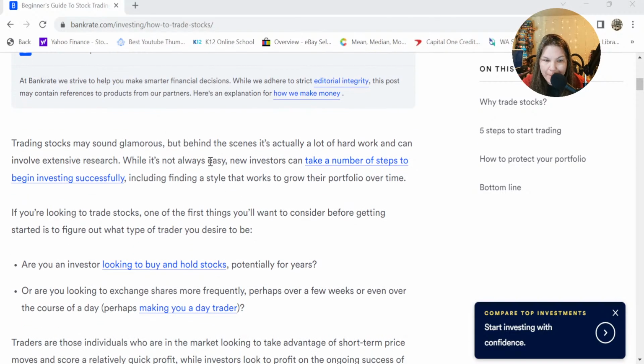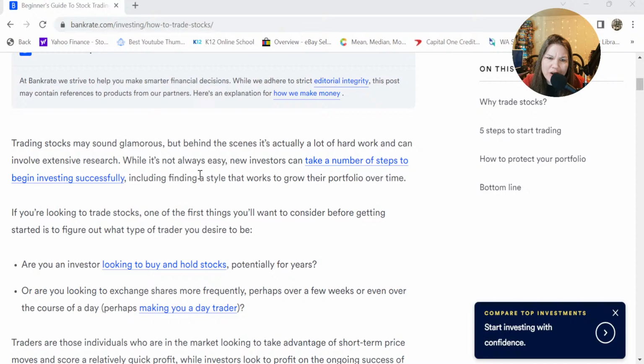Let's jump into it. So trading stocks may sound glamorous. Yeah, like money and stepping on people's necks, guys. But behind the scenes, it's actually a lot of hard work and can involve extensive research. And that's where we are right now, guys, and it doesn't stop. We're going to research how to do this. And then that is going to teach us how to do the research for the job.